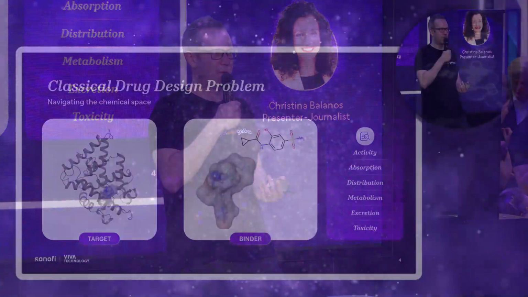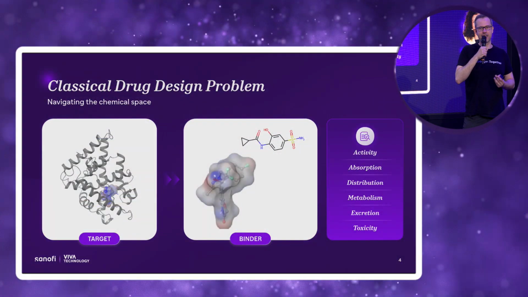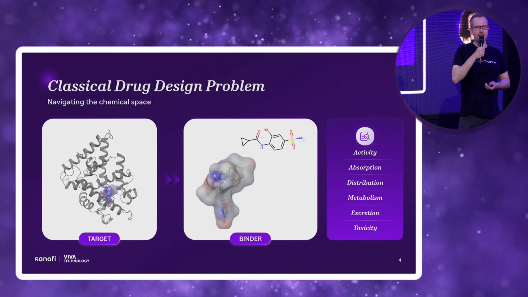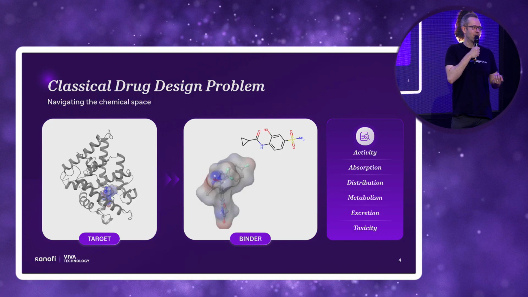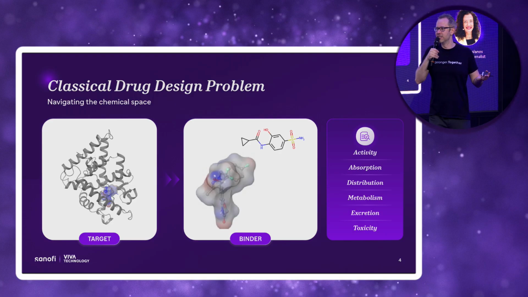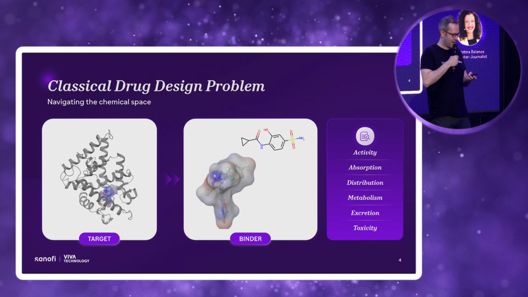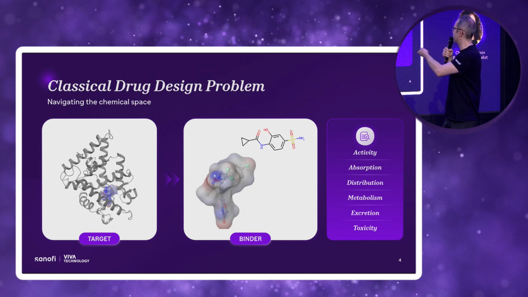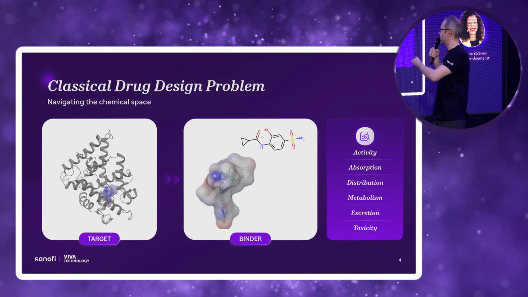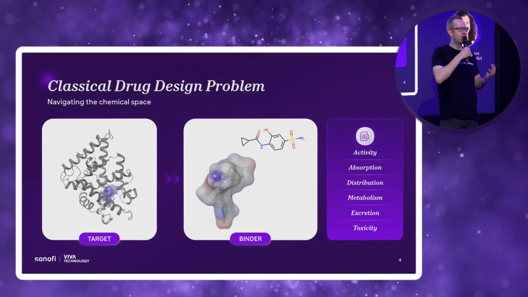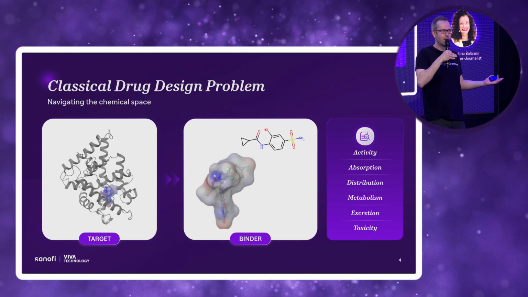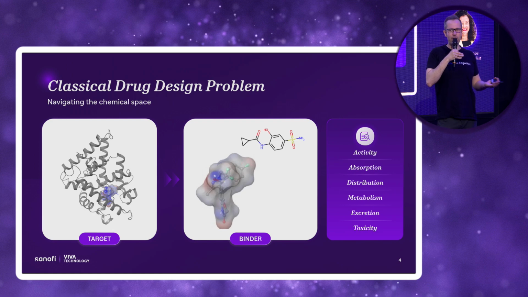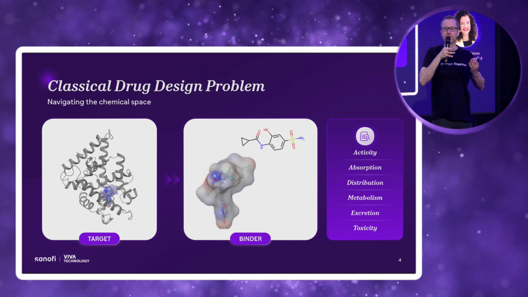Yeah. I will give a quick example, but before I go into this example, I want to explain a bit about the drug design problem, because I think it's an important background for everybody. Typically when you want to design drugs, you want to find a drug that binds a given target. This is already super difficult because the whole space of molecules that you can address is the universe, and you need to find it.